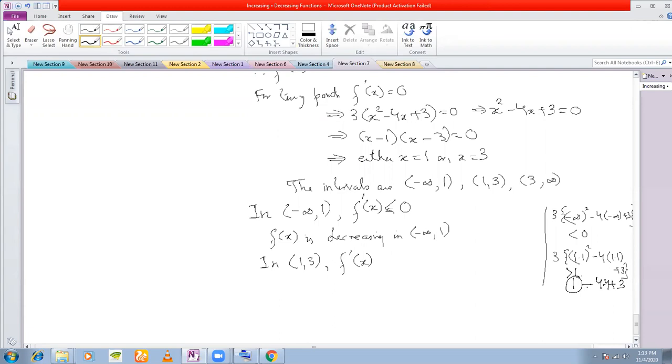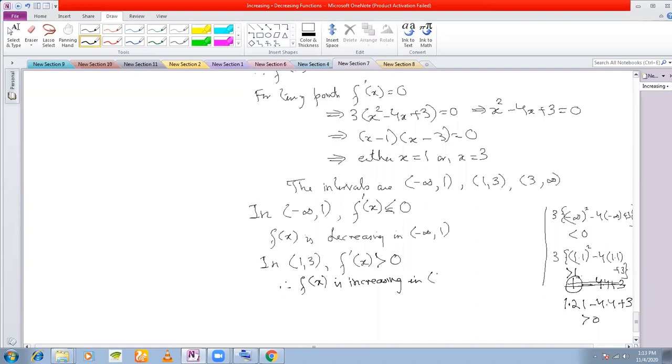So how much? Let me calculate, do the exact calculation. This is greater than 0, positive, right? So f(x) is increasing in 1 to 3.